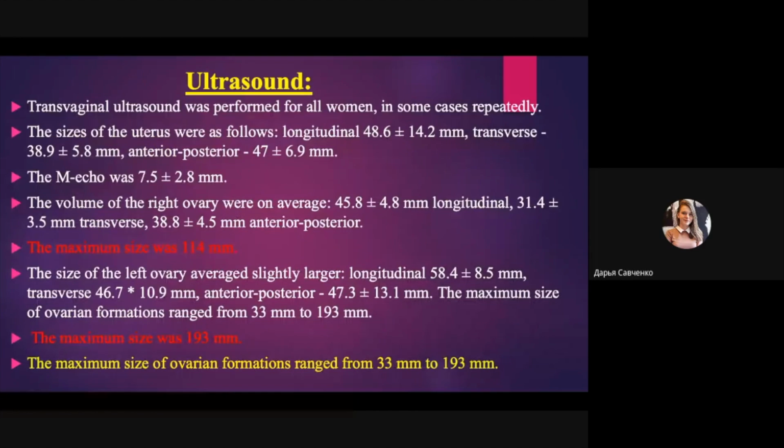Ultrasound. A transvaginal ultrasound was performed for all women. The size of the uterus was 48 by 38 by 37. The maximum size of the right ovary was 113 millimeters, and the maximum size of the left ovary was 193.